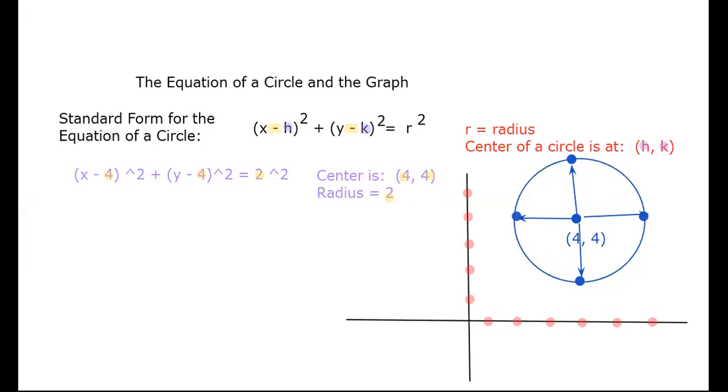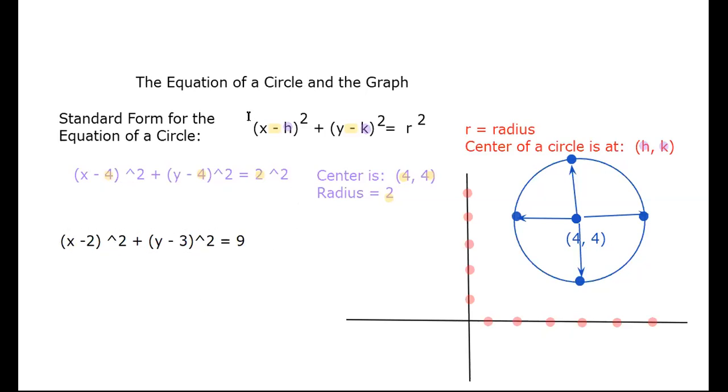Now, sometimes you'll be given the equation of a circle in a little bit different format. Sometimes you might have something like this. So we have (x minus 2) squared plus (y minus 3) squared equals 9.